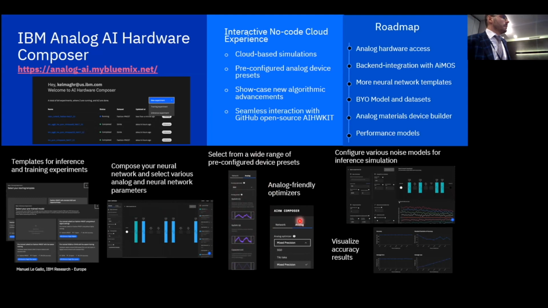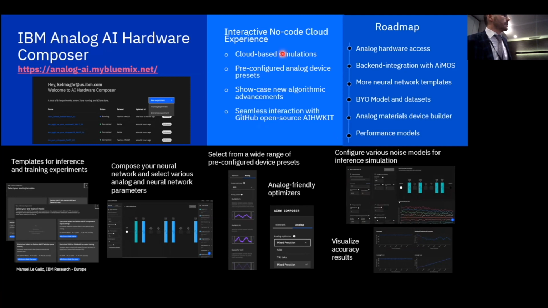You can also try out different optimizers to see what changes in the accuracy. When we do inference, you can also visualize the variations in the weights that happen with the statistical PCM models. Here you see, for example, the drift and what it does to the weights.